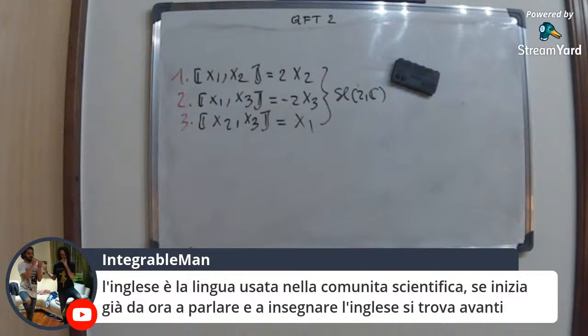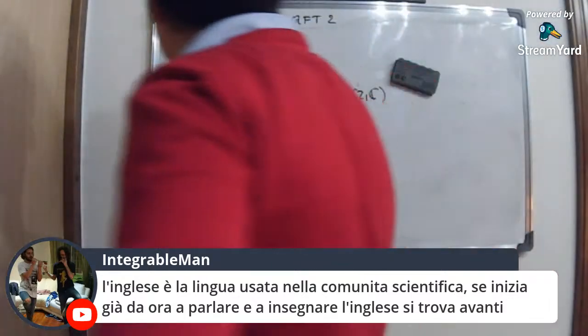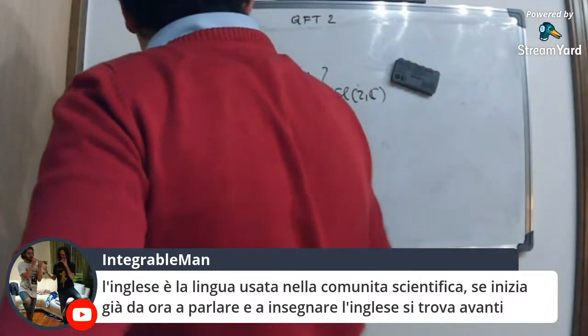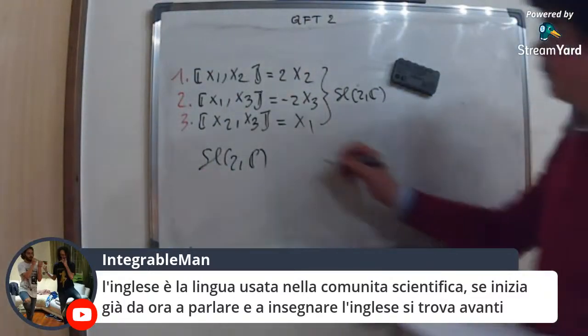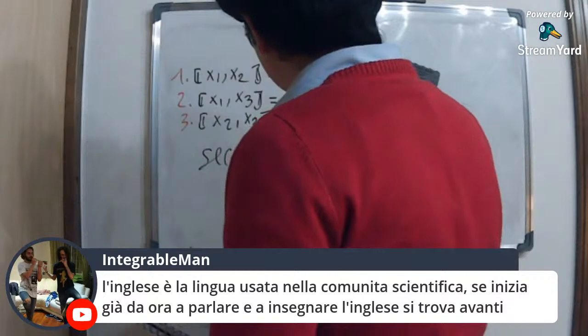Now I can calculate, of course, the structure constants of my Lie algebra, and in this case my Lie algebra is SL2C. SL2C is a semi-simple Lie algebra.